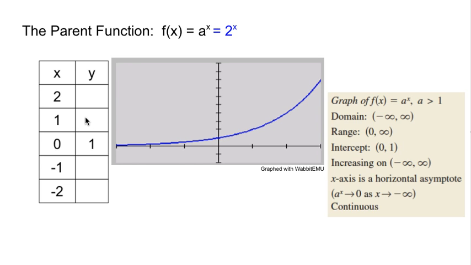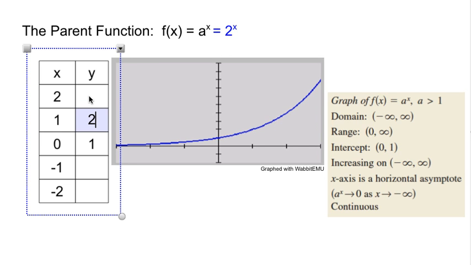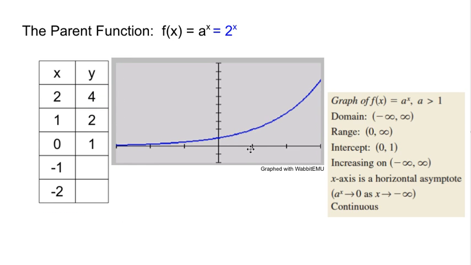Now, if we look at these other points, if we plug in 1, 2 to the first is 2, 2 to the second is 4. All right, and you can see here 2 to the first, we're at 2, and 2 to the second, we're up here at 4. Okay, and then 2 to the third would be 8 if we kept going.